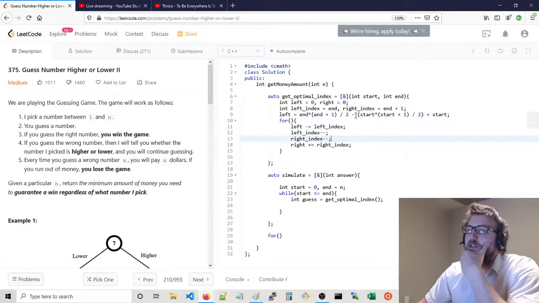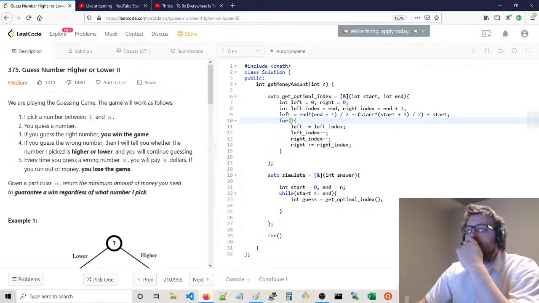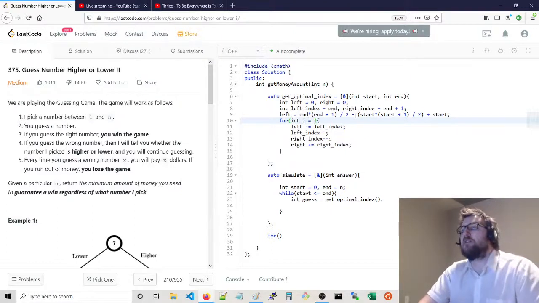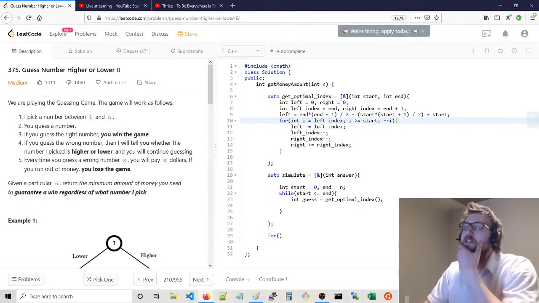I want to do something like this: i equals left index, i is greater than or equal to start minus i, something like this.